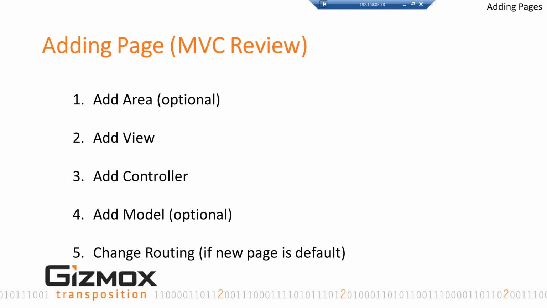So, going back to adding a page in an MVC application. These are really the steps that are required. First, adding an area if you want to work in a new area, adding a view and a controller, and taking care of naming conventions, and we'll review that together with you shortly.